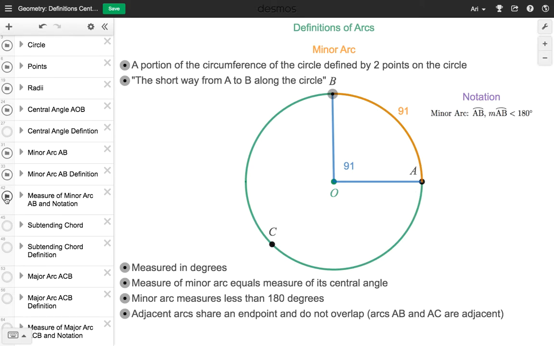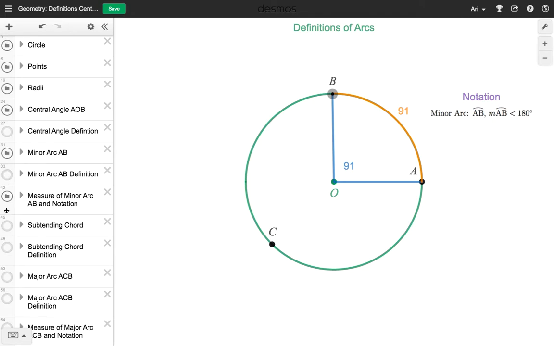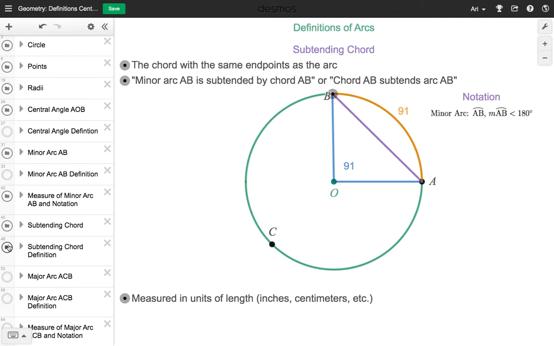One other thing that we're going to talk about is an idea of something that is called a subtending chord. So AB is a chord, and you might hear me use the term subtend from now and then. And subtend just means the arc that is associated with the chord that's associated with arc AB.